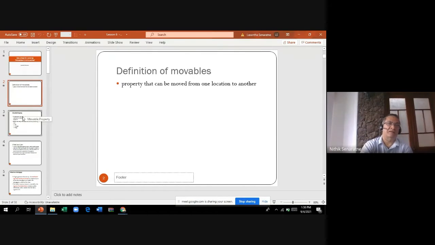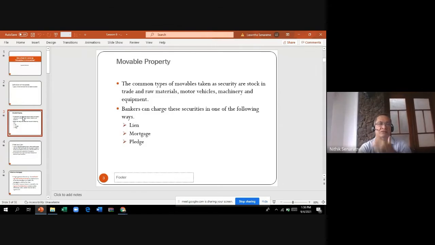So the common types of movables taken as security are stock in trade and raw materials, motor vehicles, machinery, and equipment, right? These are the most common types of securities that we take.